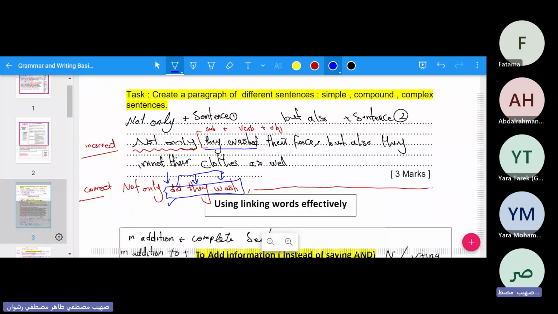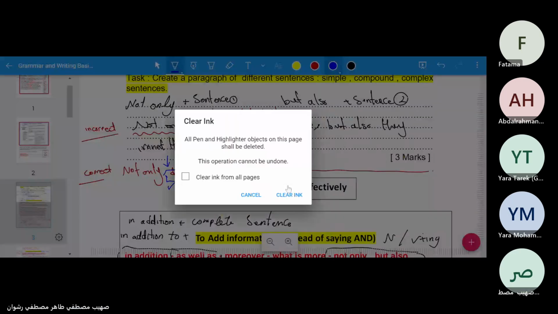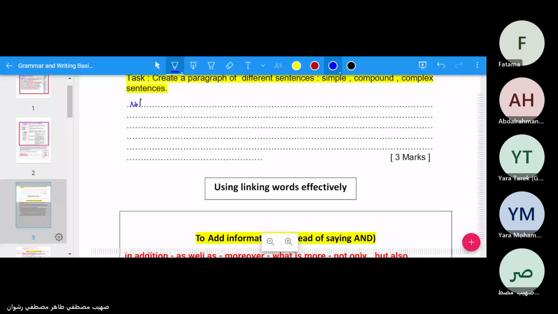Yes, you're right. So the rule is I follow not only by a question form. Let me give you another example. Not only does he write. Don't say not only he writes.